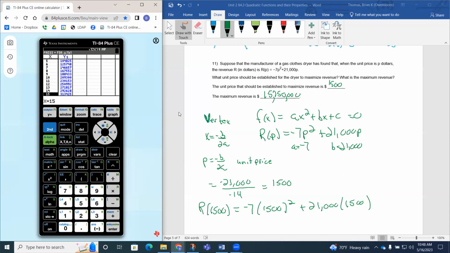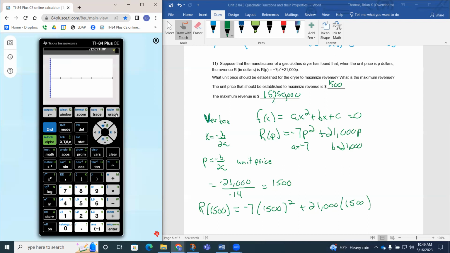By knowing that the x value is 1,500, I could change my x window. I could probably go to 3,000, because I'm thinking in prices of dryers. If I do that, I may want to go by 500 on the scale.